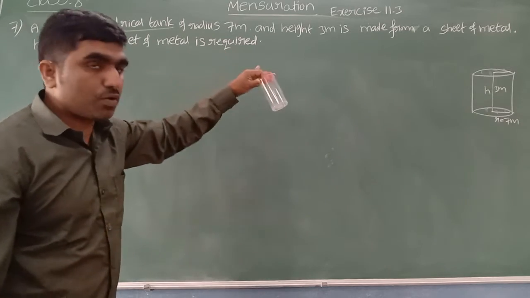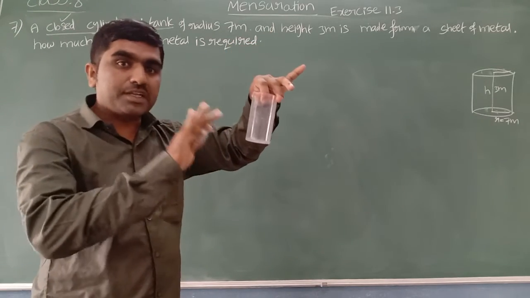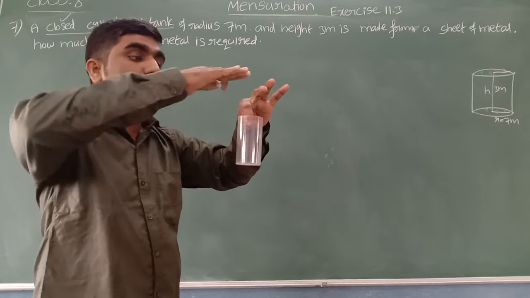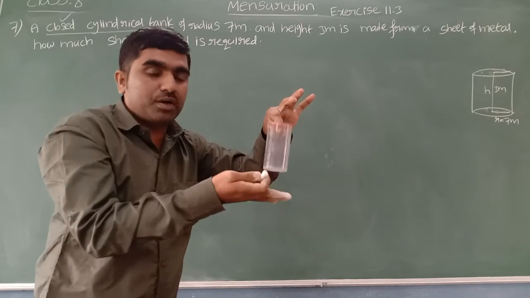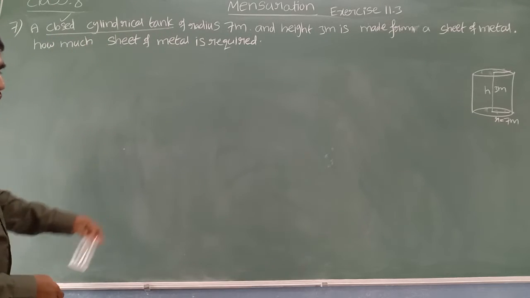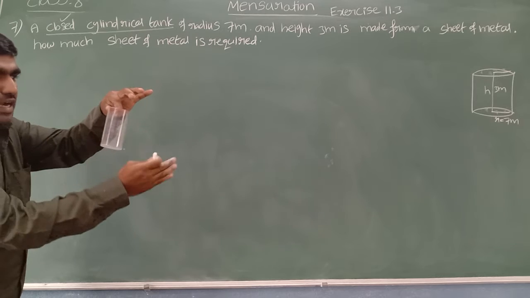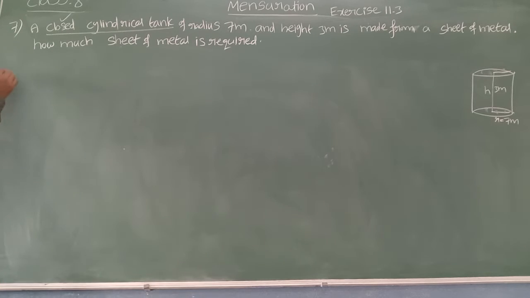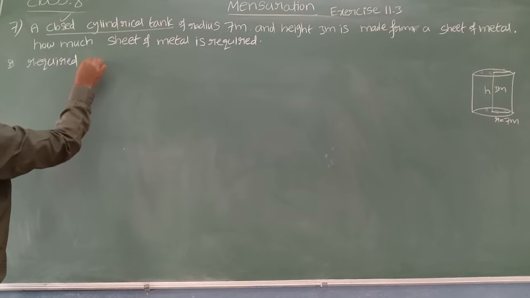We need a metal sheet to cover the lateral face of the cylinder, and also we need to cover its top and bottom. The reason is they said it is a closed cylindrical tank. So we need to cover lateral faces plus top plus bottom. So here we can write required metal sheet.